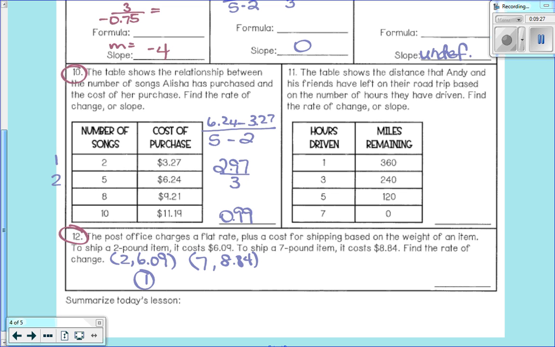We have our first set and our second set of ordered pairs, and our change in our total minus the change in pounds. $2.75 divided by 5 is what? Yeah, 55 cents per what? 1 pound, right? So if you're shipping 1 pound, it's going to cost 55 cents, right? Very good. Awesome.